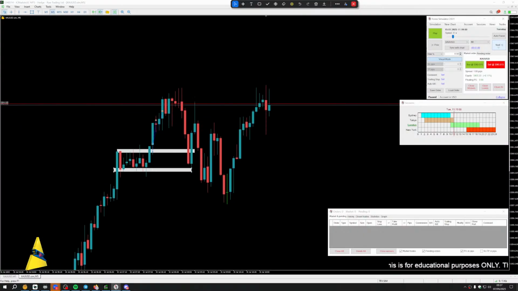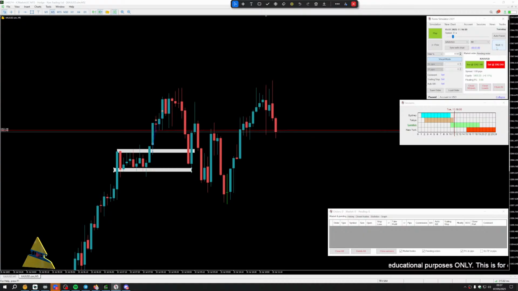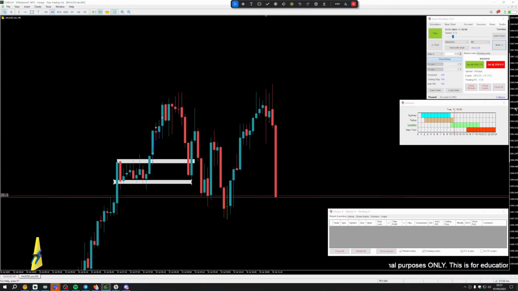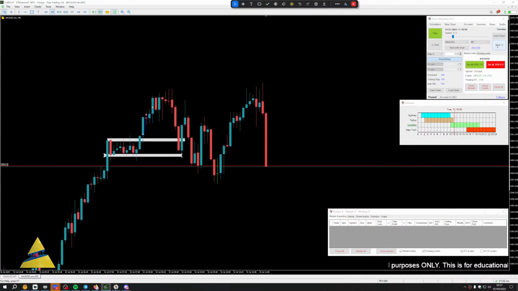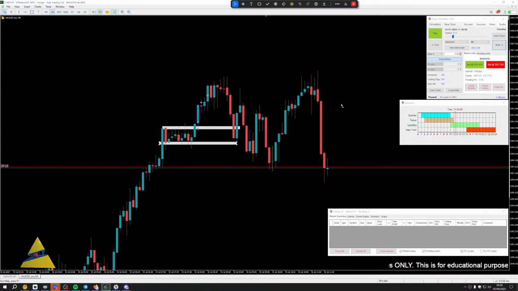Let's see, is there anything interesting that we can take a trade? Like an easy trade? Oh, okay. Price just moved down, so it's filled up the range on the left-hand side. Man, I don't think so.